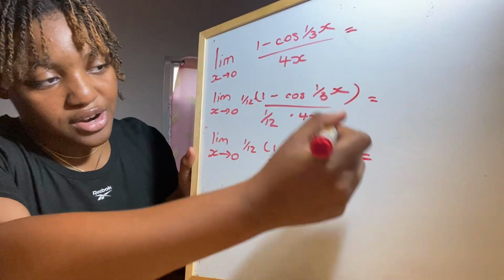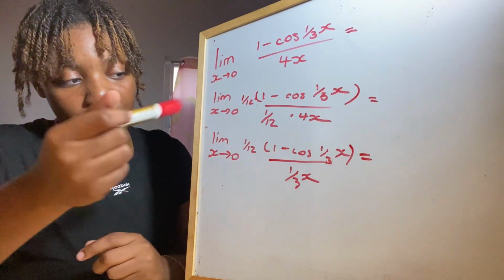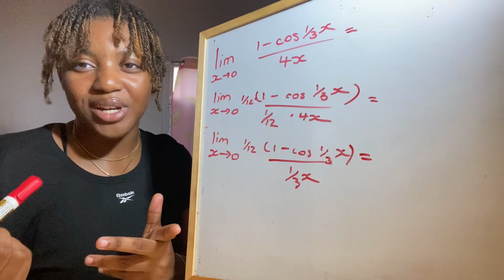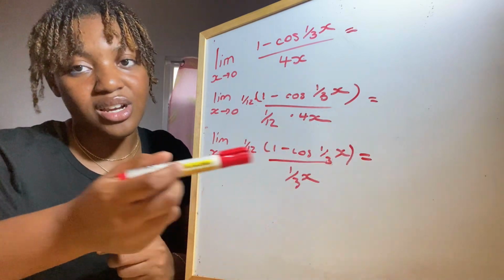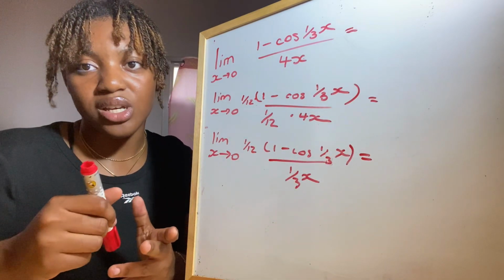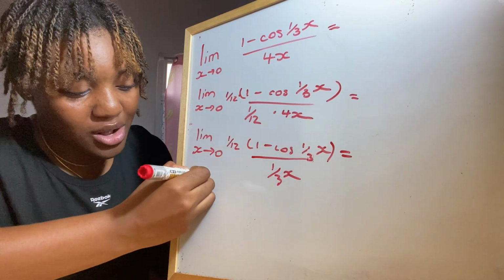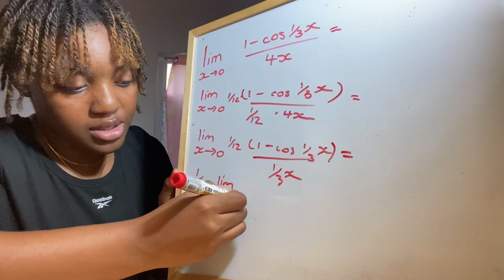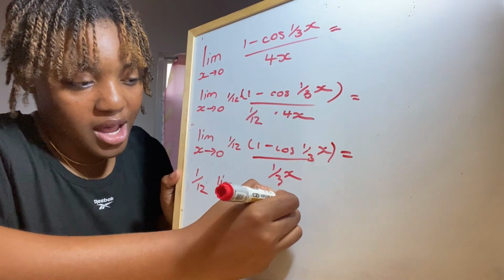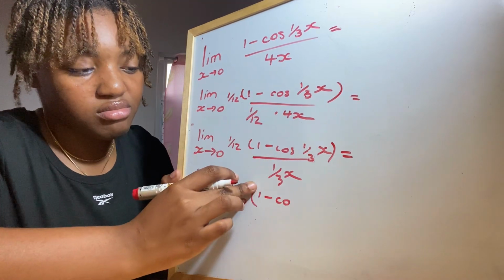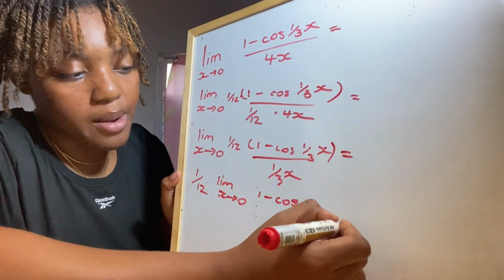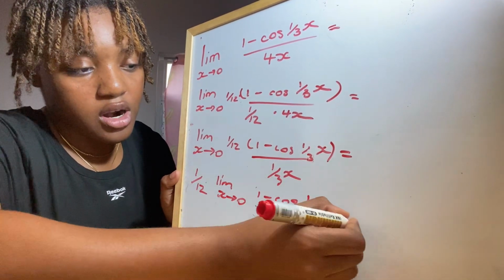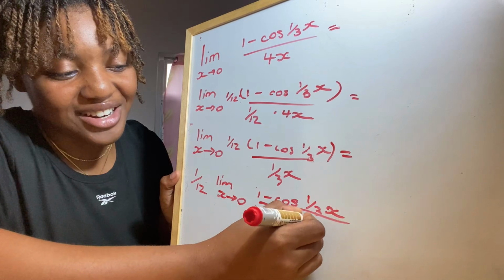From here, similar to the other question, we're going to bring the 1 over 12 in front of the limit, because that's a rule we can use, so we can apply the special case. So we have the limit as x approaches 0 of 1 minus cos 1/3 x, I hope you can see, over 1/3 x.